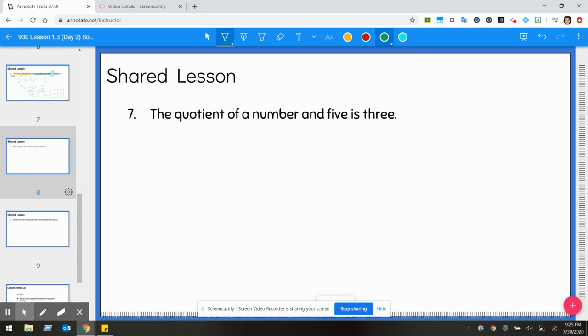The quotient of a number and 5 is 3. So quotient indicates division. Again here, order matters, right? So the quotient of a number and 5, the order tells you exactly what's going to be in the numerator and what's going to be in the denominator, is our equal sign 3. So in order to solve this, I have x divided by 5 equals 3.